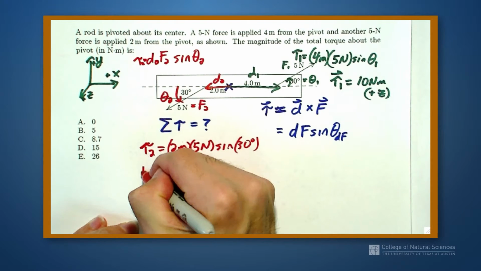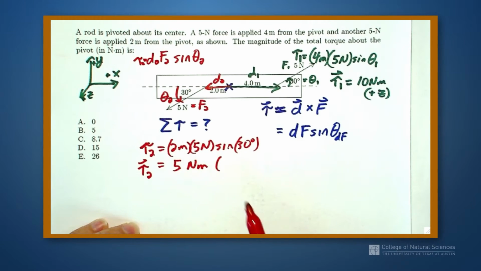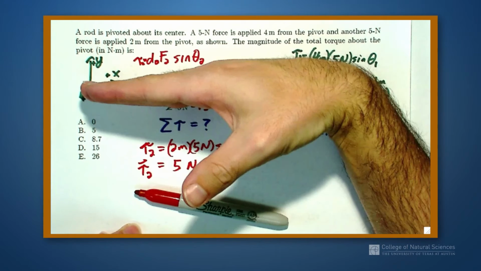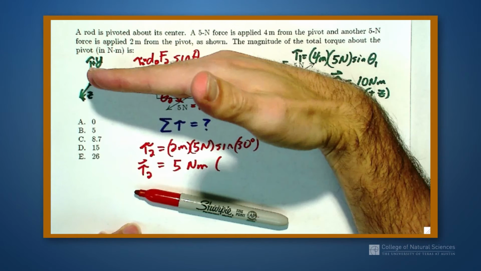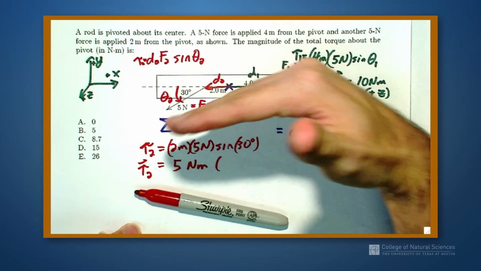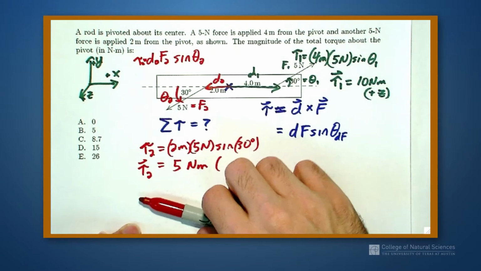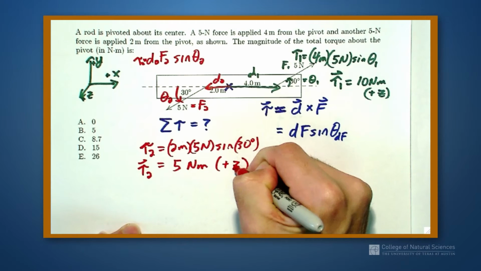So tau 2 is 5 Newton meters, and I want to add the direction in on this. So I take my hand, I go displacement into force, and displacement crossed into force gives me my torque. Again, it's pointing at us, which is in the positive Z direction.